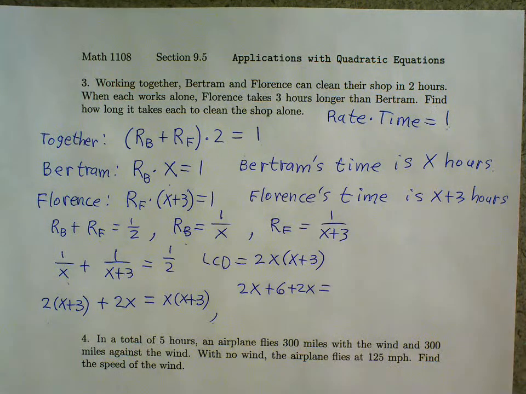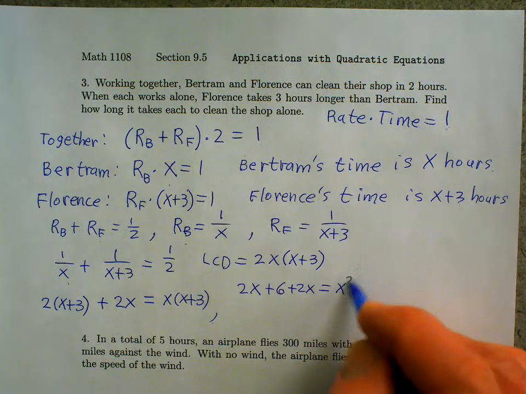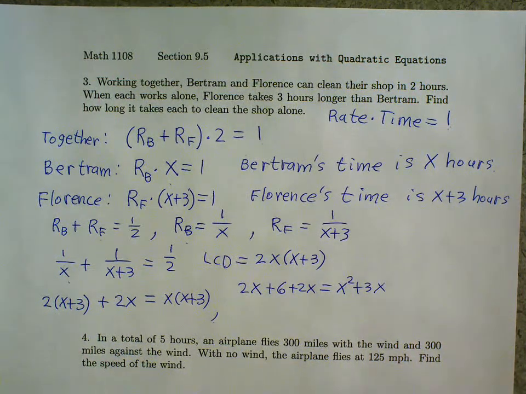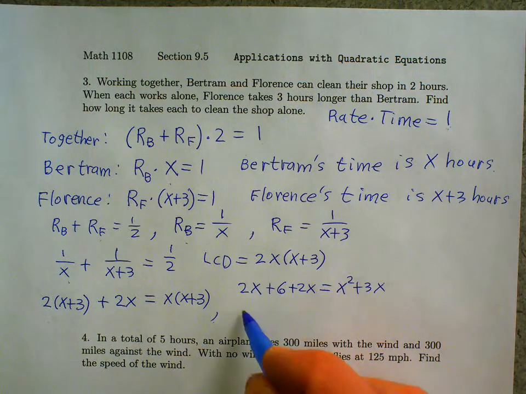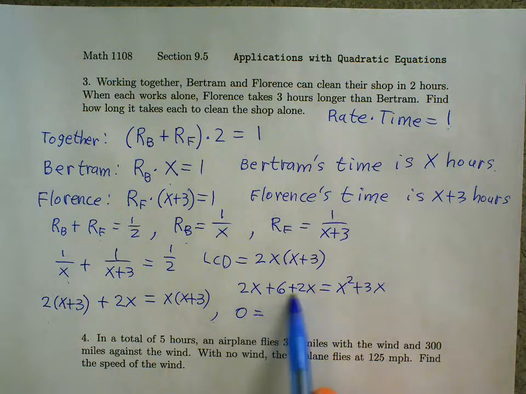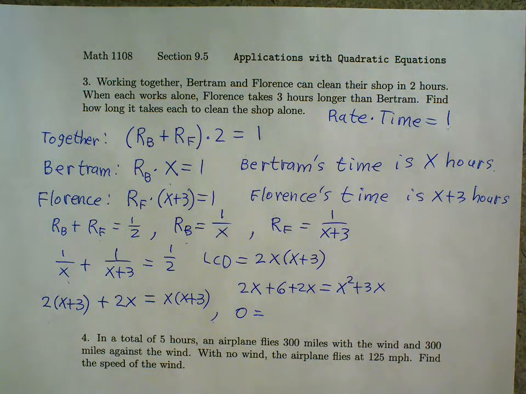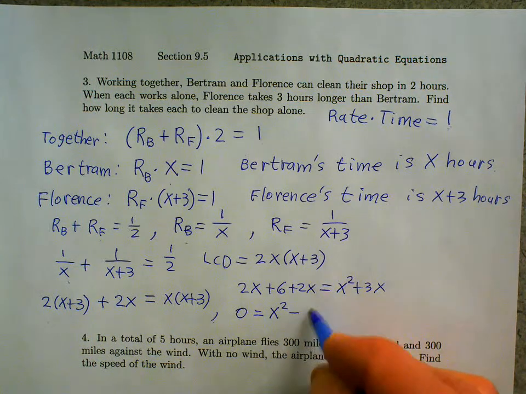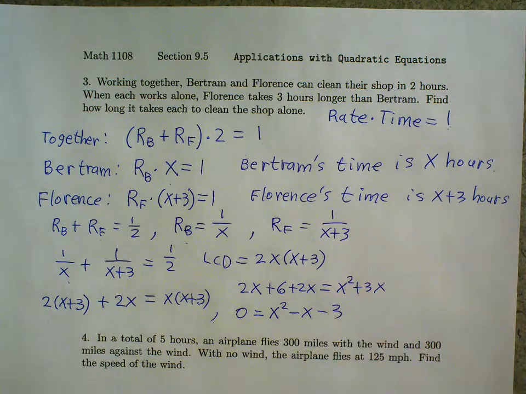On the right-hand side, x times x plus 3 is x squared plus 3x. So we'll make the left-hand side 0. We'll subtract a total of 4x from both sides and subtract 6 from both sides. So we get 0 equals x squared minus x minus 3.